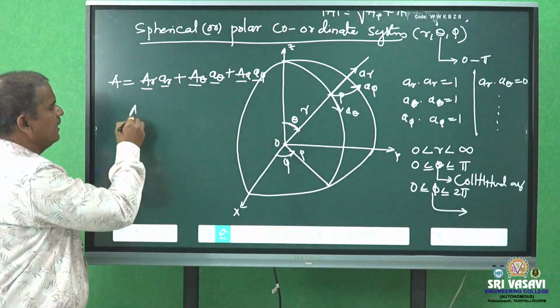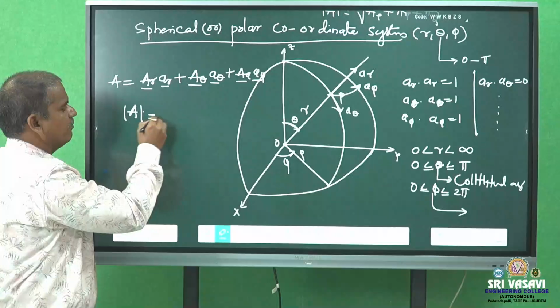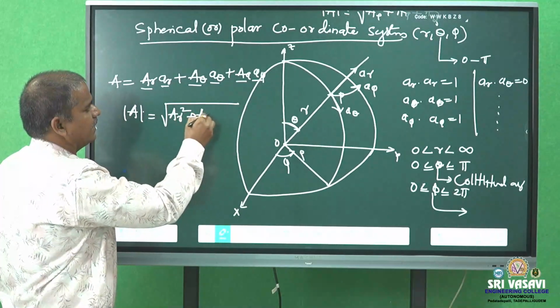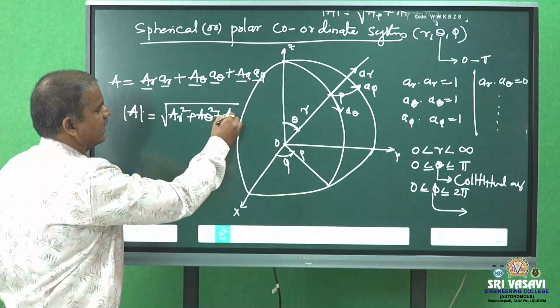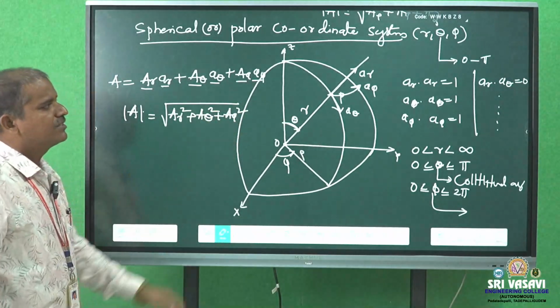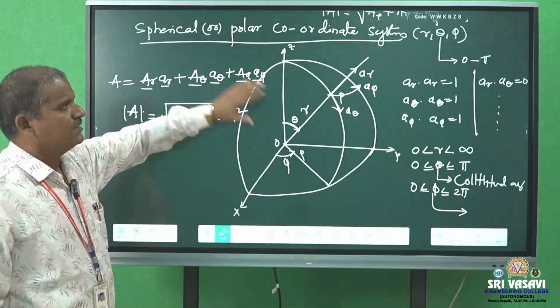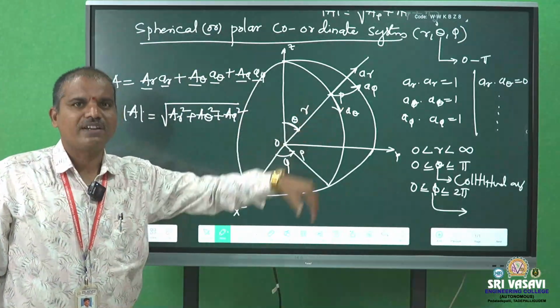Finally, the magnitude of A becomes the square root of A R squared plus A theta squared plus A phi squared. So this is the introduction part of the coordinate systems. Using this, we go to the applications of these coordinate systems.